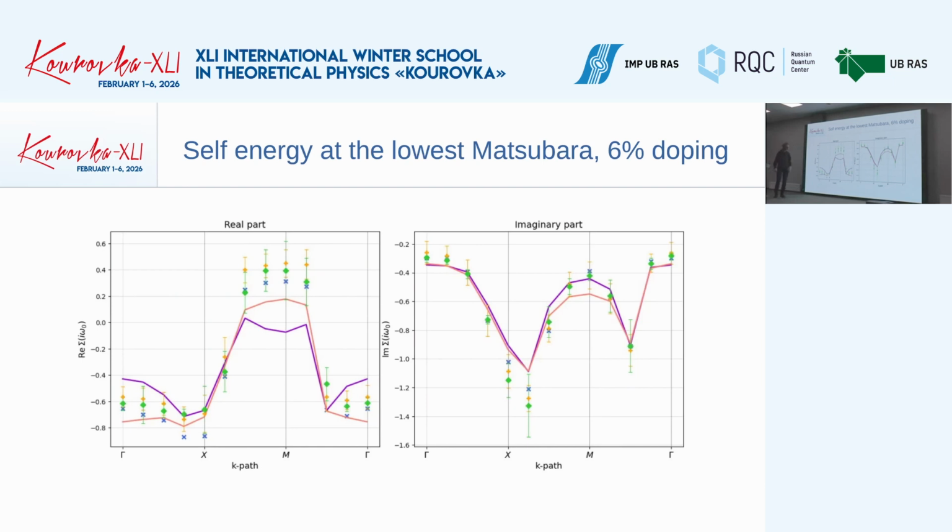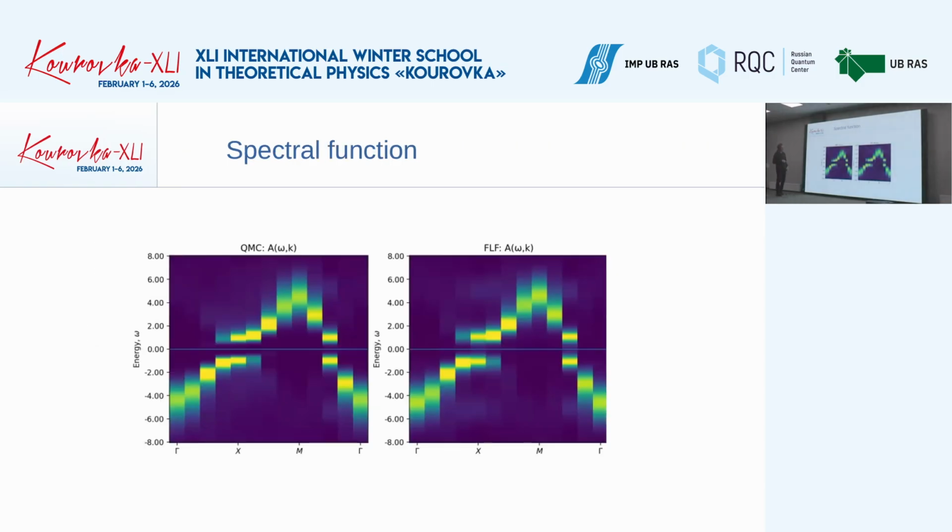If you look by eye, then probably we are even in the corridor of error bar. Good. This is a spectral function. Well, if self-energy is good, then spectral function is also good.